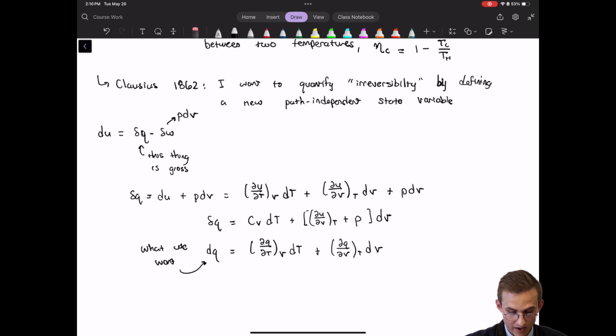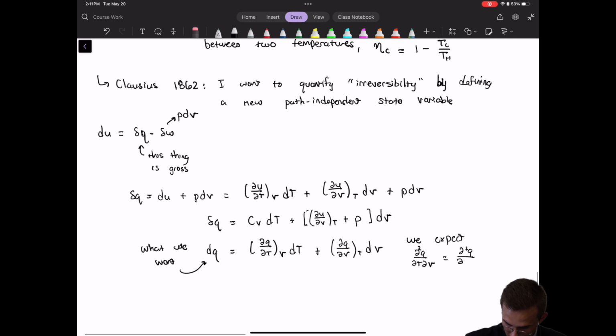Okay, so that would be like if we calculated the total differential of Q as if it was a proper state variable. Now, if it's a proper state variable, meaning it's integrable, then we expect equality of mixed partials. So if we take the partial derivative with respect to V of the first term, dQ/dT, we expect it to equal d squared Q / dV dT.